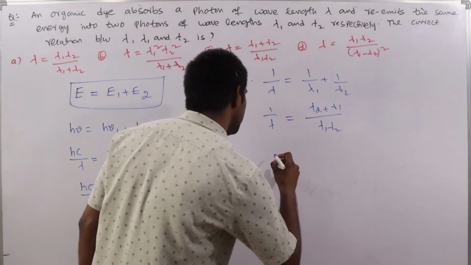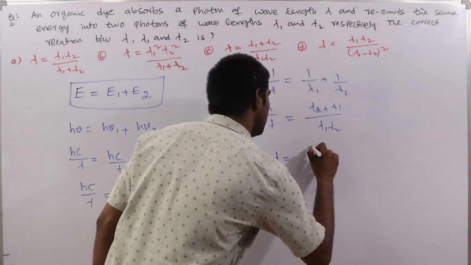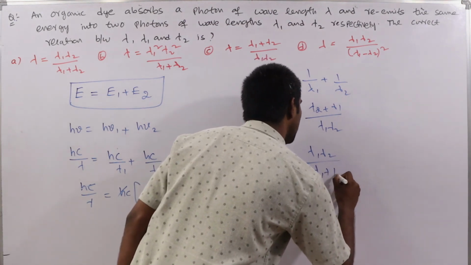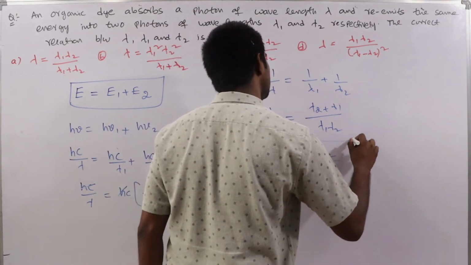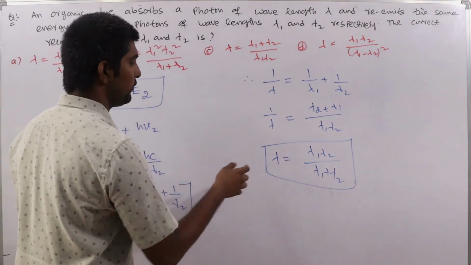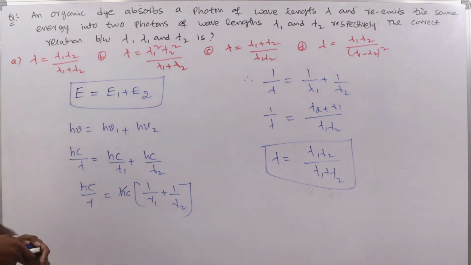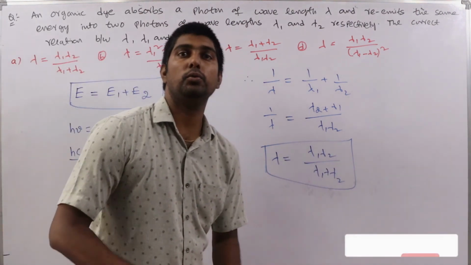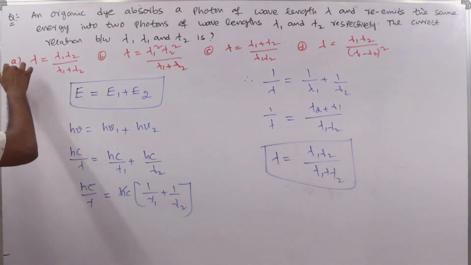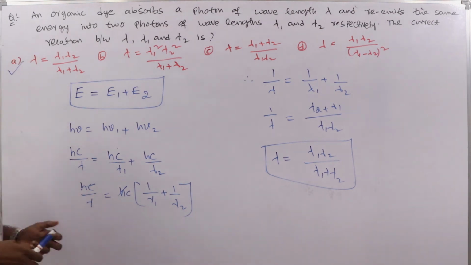If you take the reciprocal, lambda equals lambda 1 into lambda 2 by lambda 1 plus lambda 2. So this is the relationship between the wavelength of the absorbed photon and the wavelengths of the two emitted photons. Clear? So what is the answer? The first option is the answer.